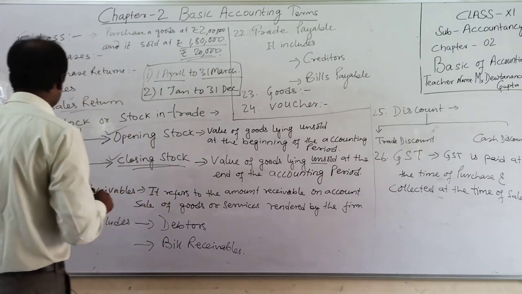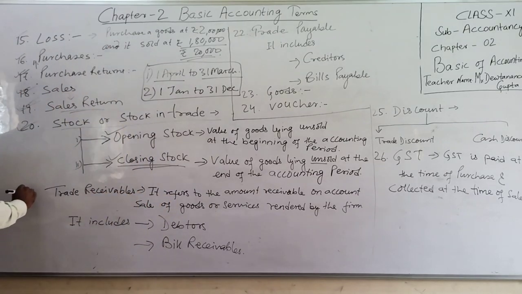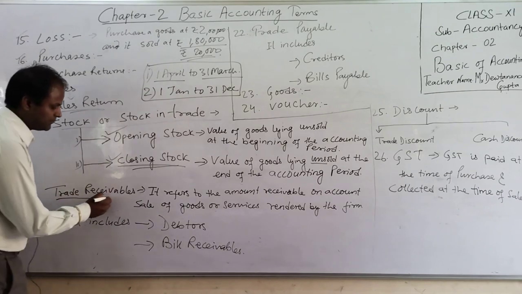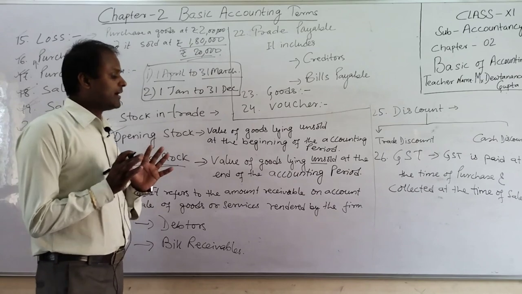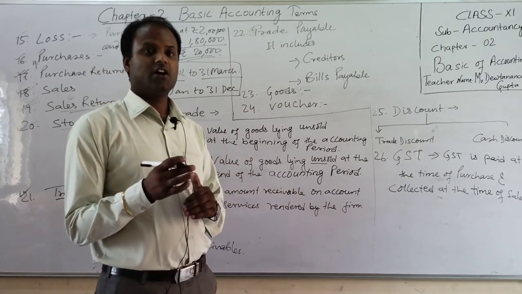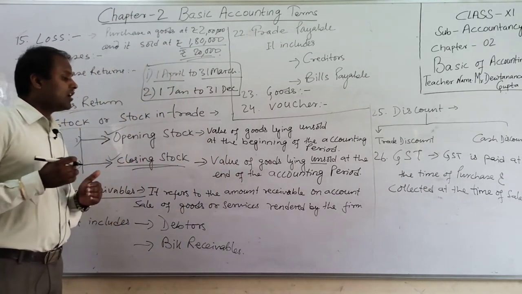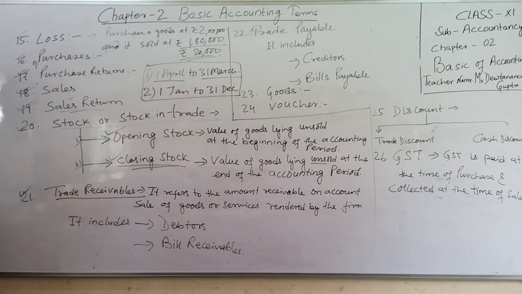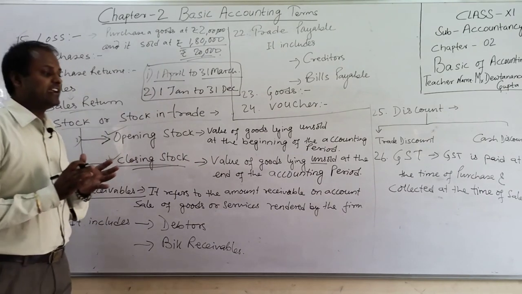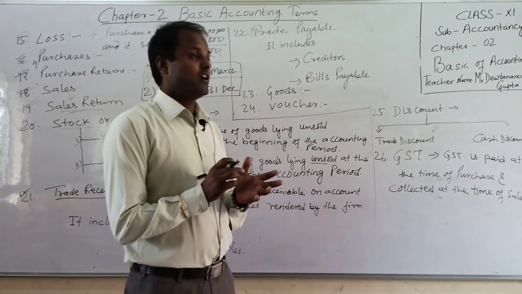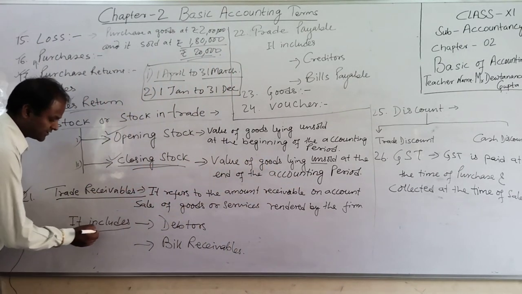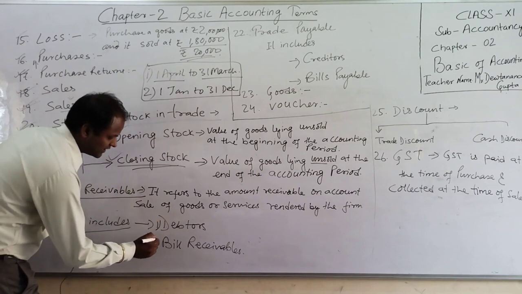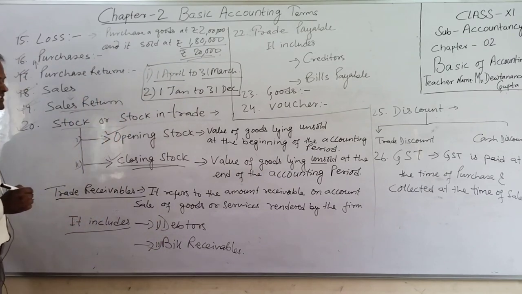Then let us go to the next point, that is trade receivable. Trade receivable refers to the amount receivable on account of sale of goods and services rendered by the firm. It includes two things: one is debtors and one is bills receivable.